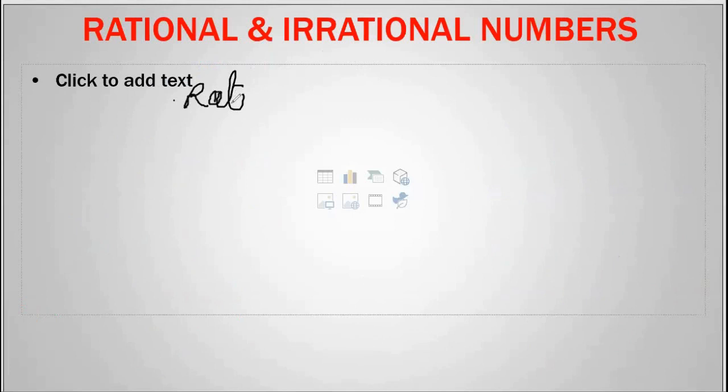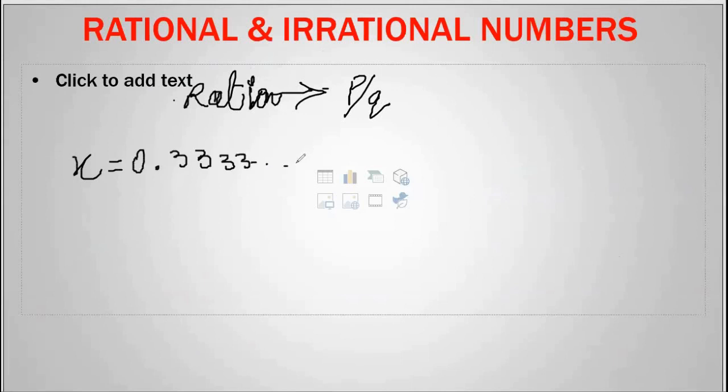Okay, so moving on to the next part, how to convert a recurring decimal to p by q form. So let's say x is equal to 0.333. I know this is a purely recurring one, so this for sure has to be a rational number.